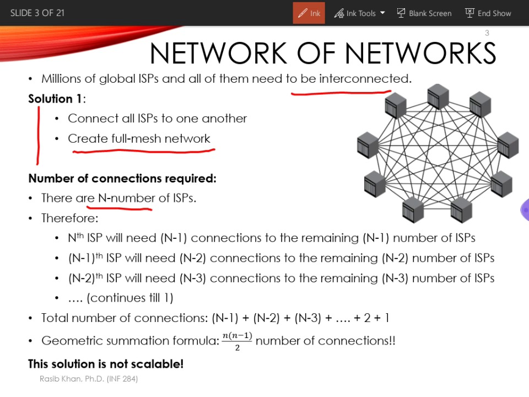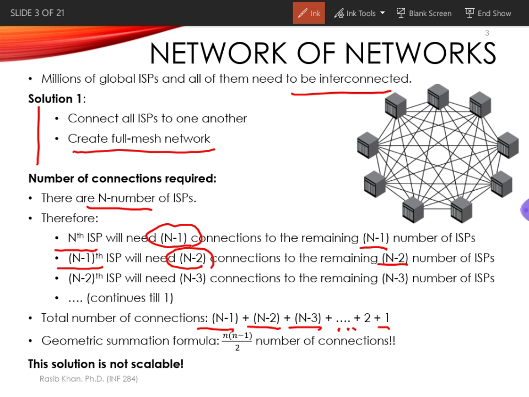Therefore, the nth ISP will require n minus 1 connections to connect to the remaining n minus 1 ISPs. The n minus 1th ISP will require n minus 2 connections to connect to the remaining n minus 2 ISPs, and so on and so forth. And if we do a mathematical summation, it's basically n minus 1 plus n minus 2 plus n minus 3, and so on, onwards to plus 2 and plus 1.